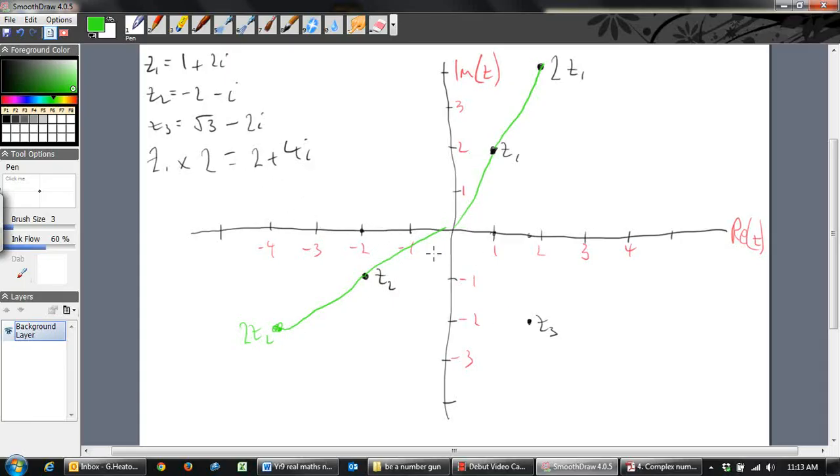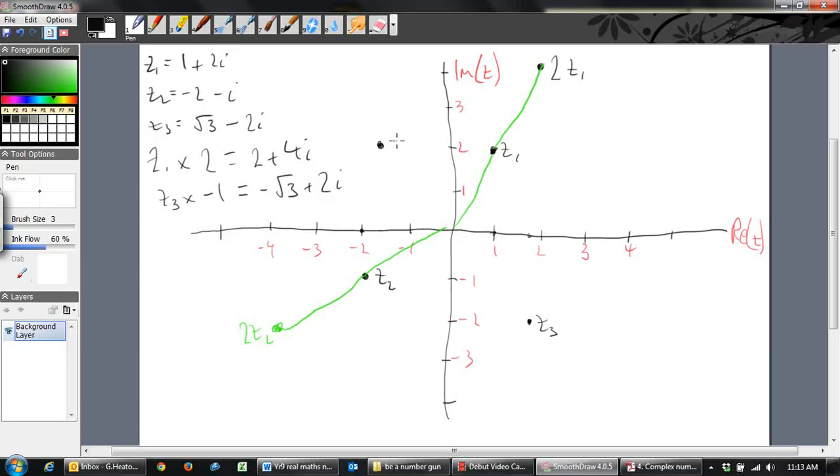What does the significance of multiplying by a negative number do? So if we've got Z3, what happens if you multiply that by -1? Let's just have a look at that. Z3, let's multiply it by -1. You get -√3 plus 2i. Where does that live on the Argand diagram? Well, we have -√3, which is roughly here, plus 2i, which is up here.